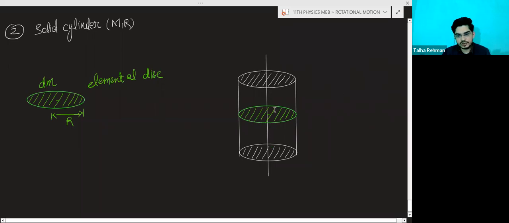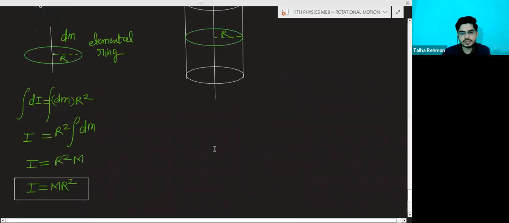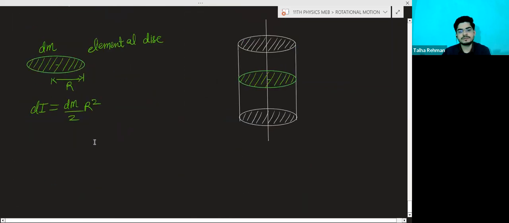About this axis, the moment of inertia of this disk, that is dI, will be dm r square by 2. For the disk, the moment of inertia is mr square by 2, so here it will be dm into r square by 2.